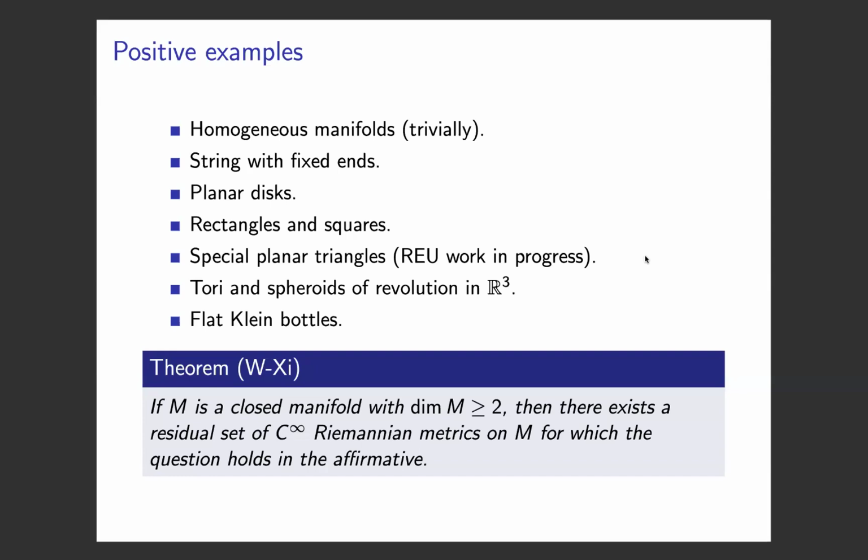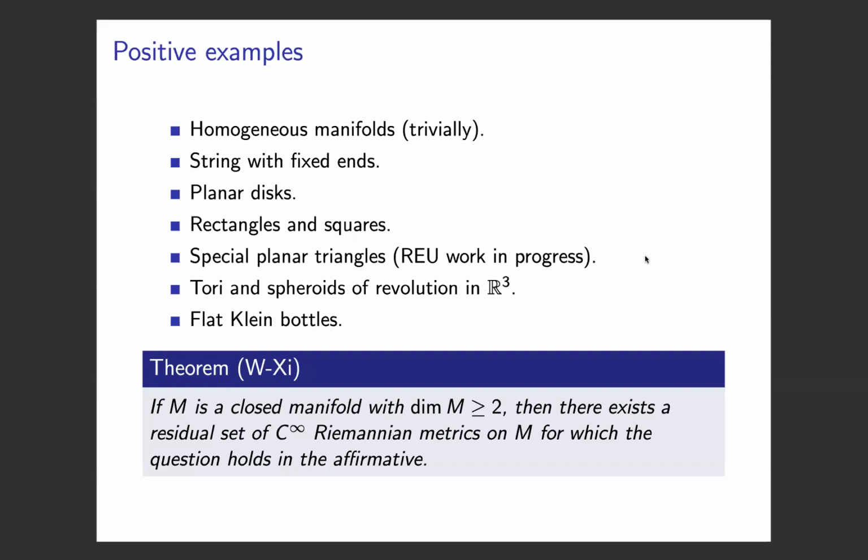We also have a generic result. This is joint work with Yakun Xi. If you have a closed manifold of dimension at least 2, it's very important that it not be dimension 1, again, because there's not really any interesting distinction between one-dimensional circles, geometrically speaking.